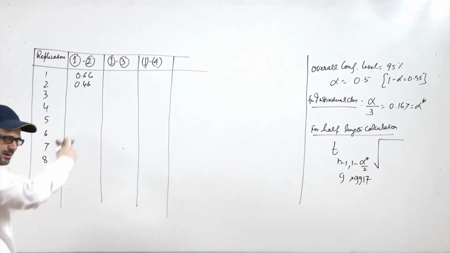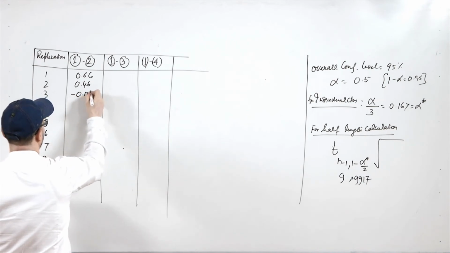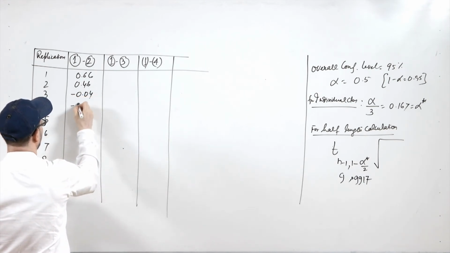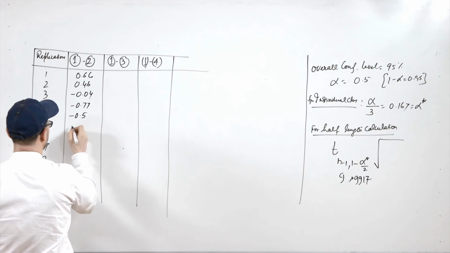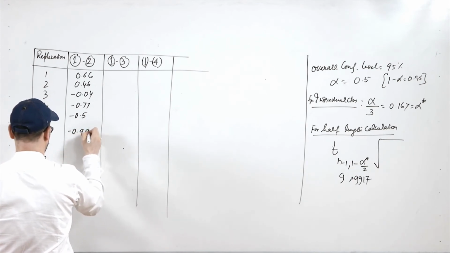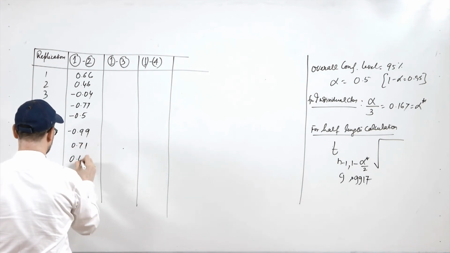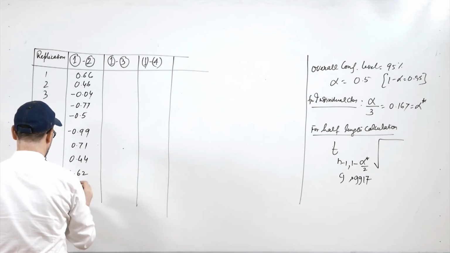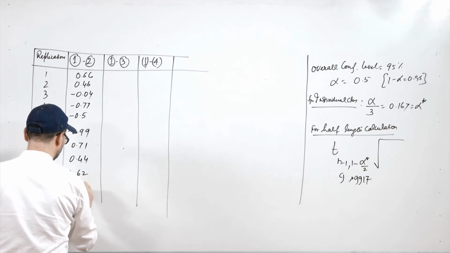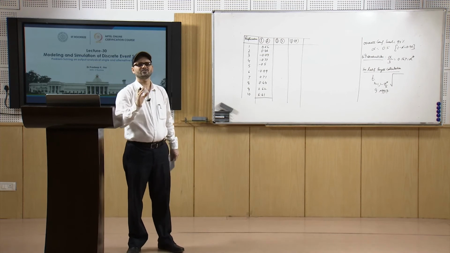All other values can be computed and will come out as minus 0.04, minus 0.77, minus 0.5, minus 0.99, 0.71, 0.44, 1.62 and 6.41. Now, this is the difference between the responses of the two systems, first and second.